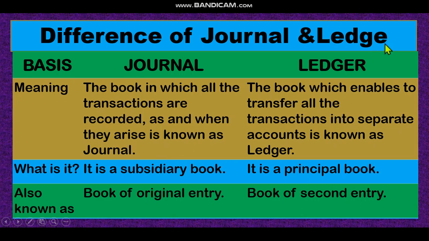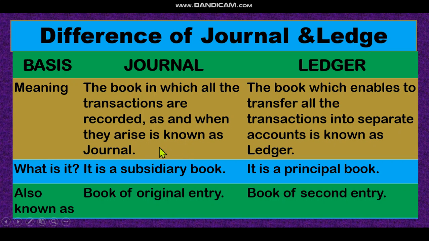And on the other hand, ledger. Dear student, here the R is missing. Maybe at the time of making the list, the R was omitted. So ledger: the book which enables us to transfer all the transactions into separate accounts is known as ledger. That means journal is the book in which all the transactions are recorded as and when they arise.